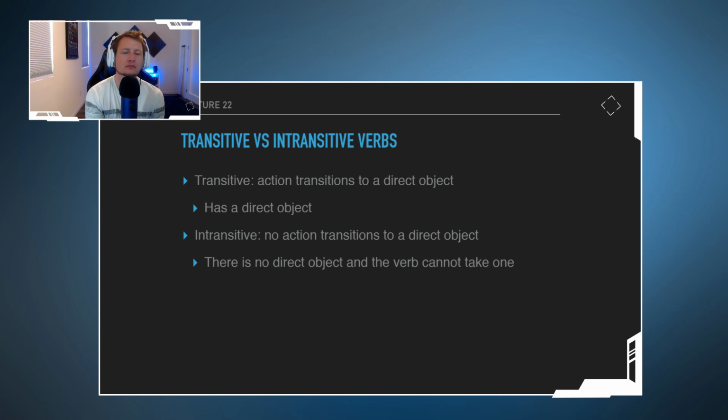I hit the ball. The verb hit takes a direct object, ball. Intransitive means that there is no action transitioning to a direct object. In other words, there is no direct object and the verb cannot take a direct object.